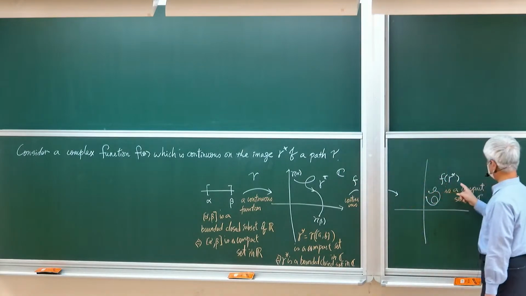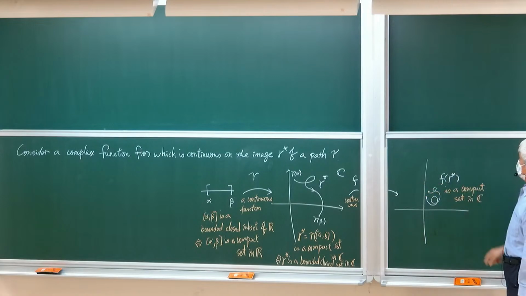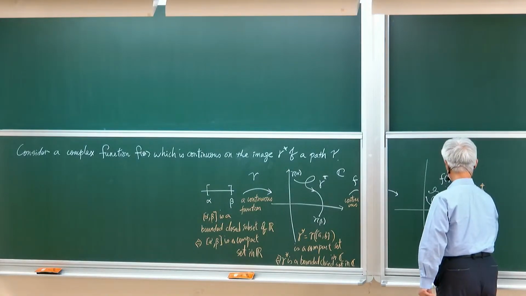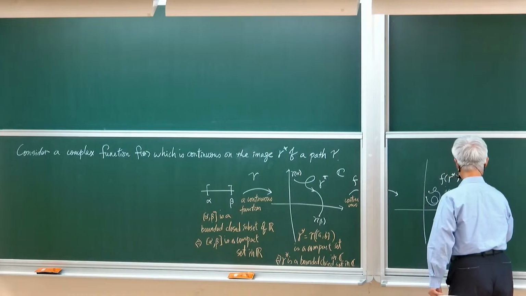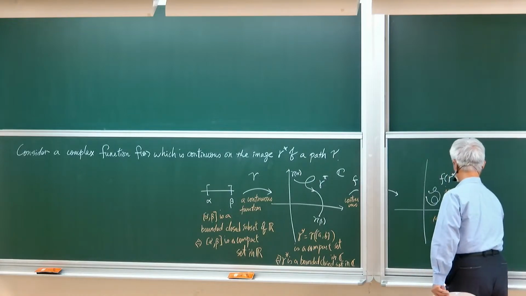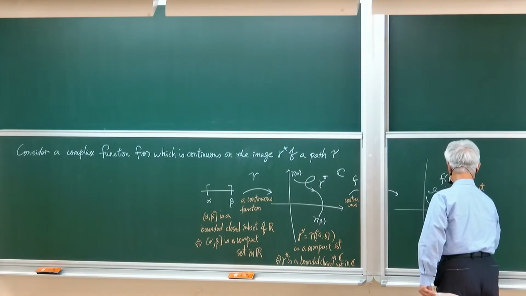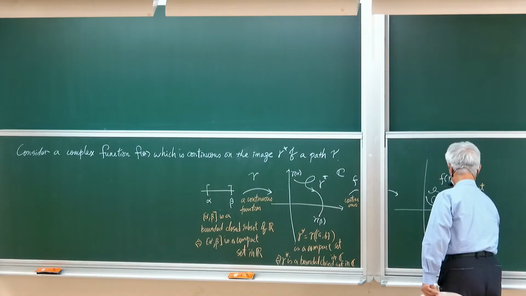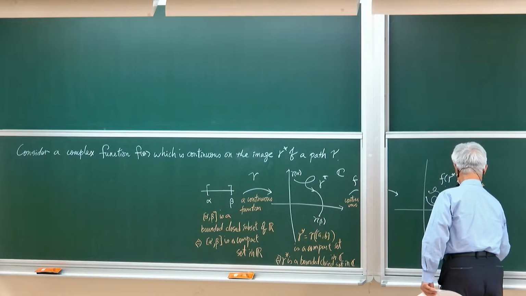As a continuous image, it is a compact set in C. So that says that f of gamma star is a bounded closed set in C.